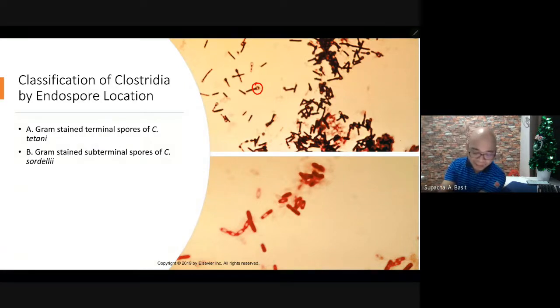And here's an example of subterminal spore. Another example of subterminal spore is Clostridium sordellii.